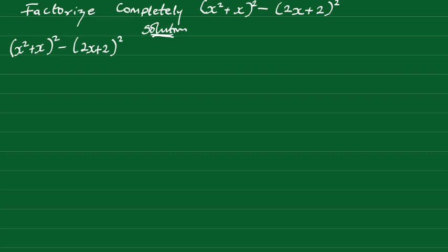Now, we take note of the fact that our algebraic expression is a difference of two square expressions. Hence, we recall, and have at the back of our mind, that x² − y² is equal to (x − y)(x + y).